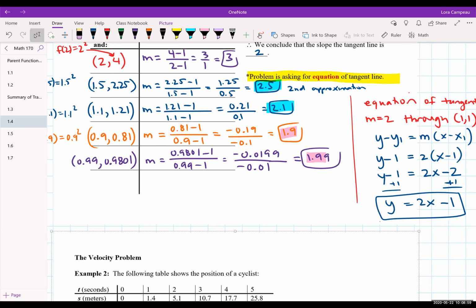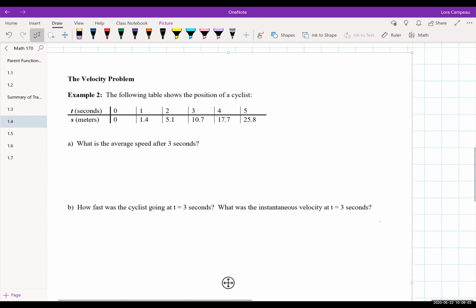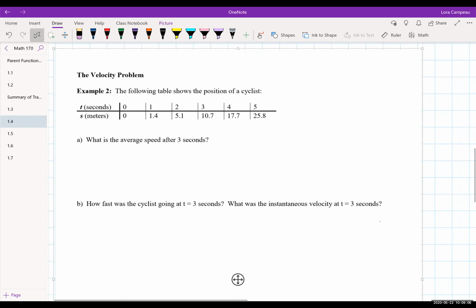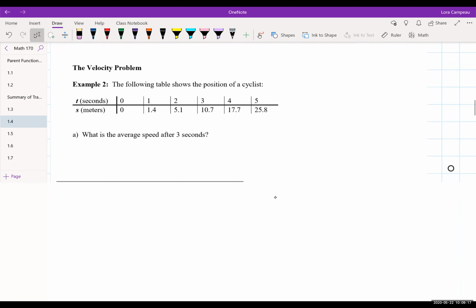So just an application coming up with example 2. We're going to look at the velocity problem. So nice applications of slopes of tangents. And just bringing a little bit of knowledge back from your past.